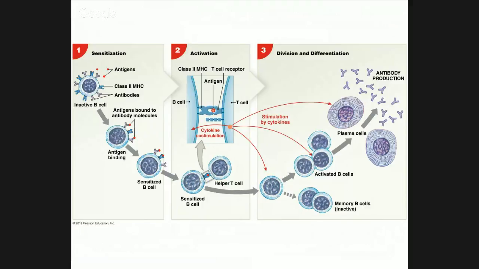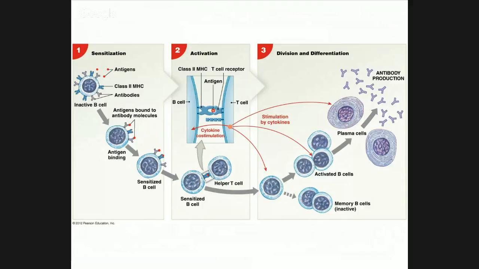And they'll differentiate. Some of them will become memory B cells for future infections of the same thing. And the other ones are activated B cells, which further differentiate or mature to become what we call plasma cells.